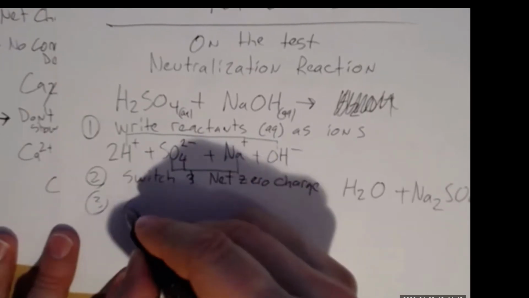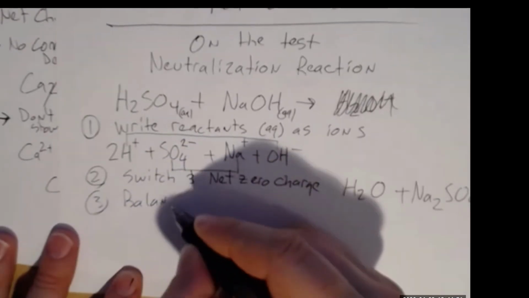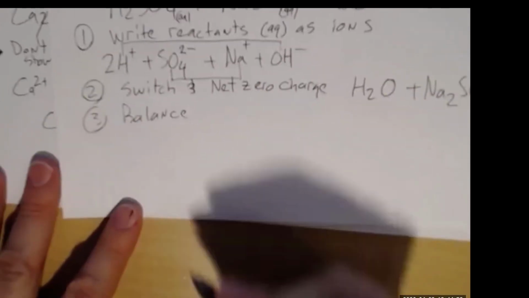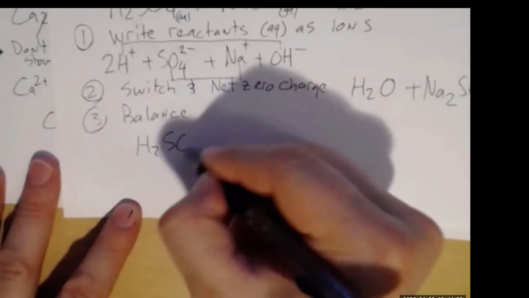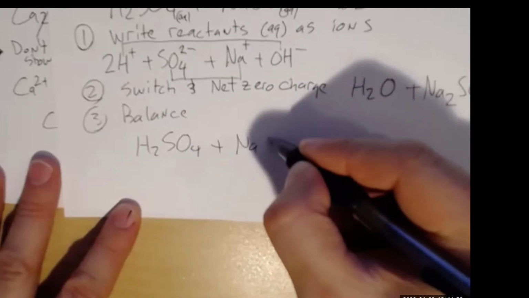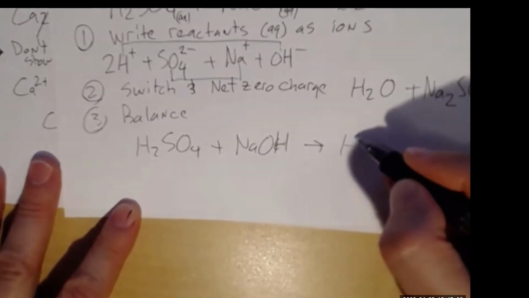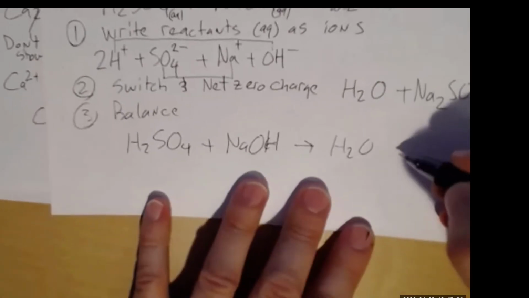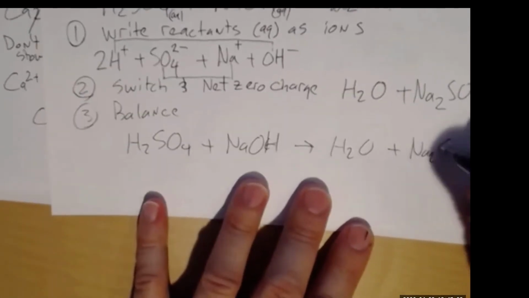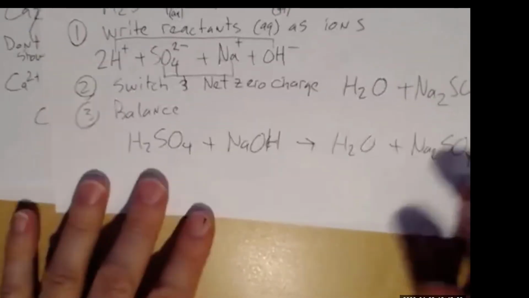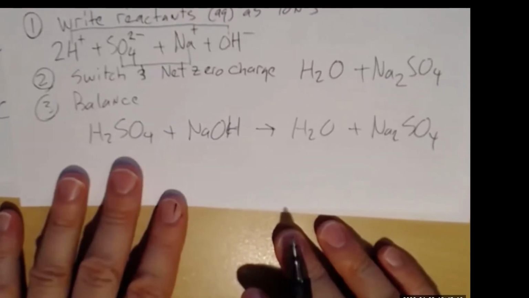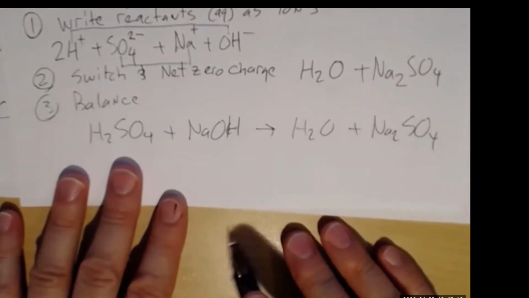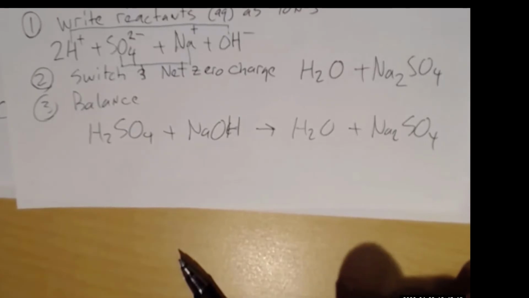Step 3, balance. All right, so I'm going to write in the whole thing. H2SO4 plus NaOH goes to H2O plus Na2SO4. And then I want to balance the coefficients, and I'm going to do metals first.